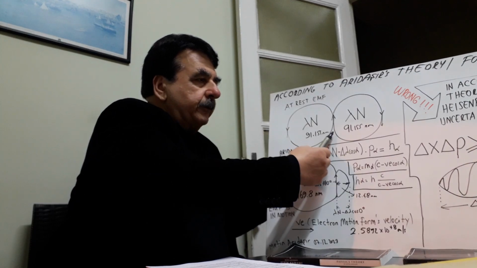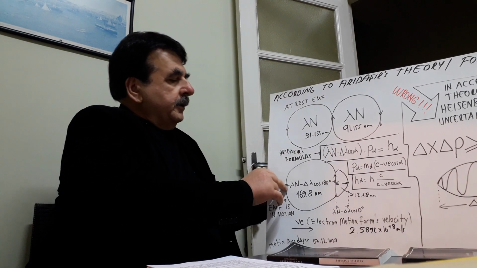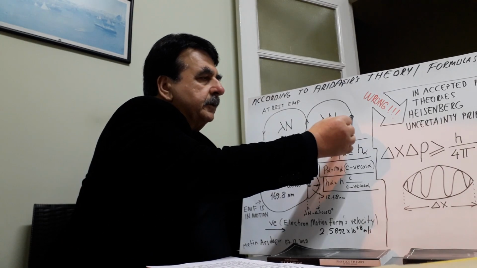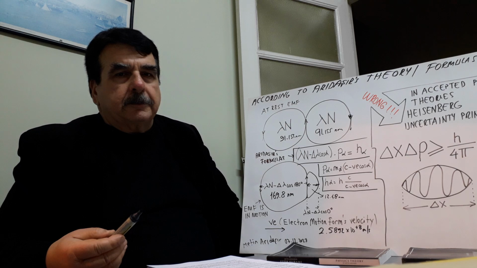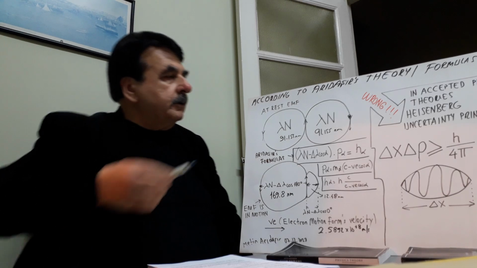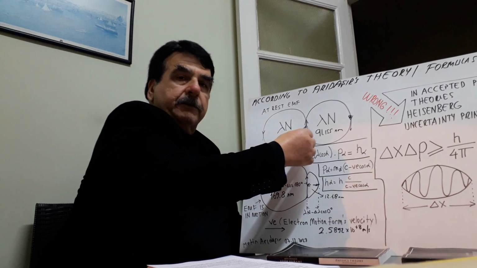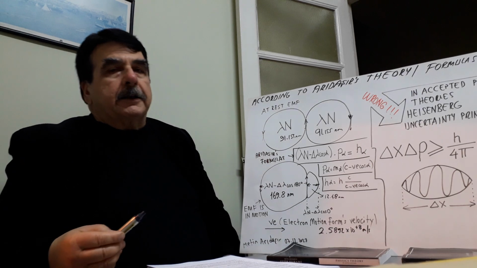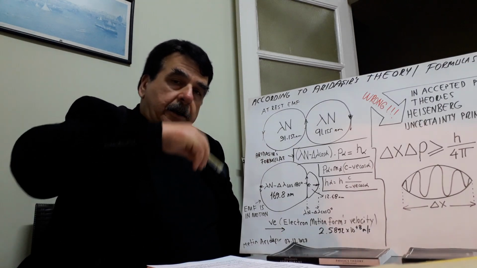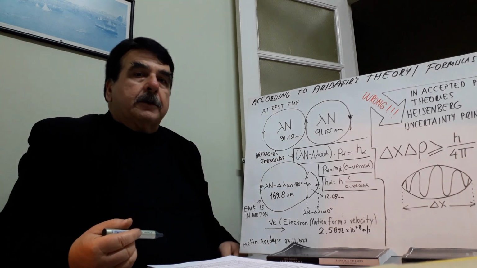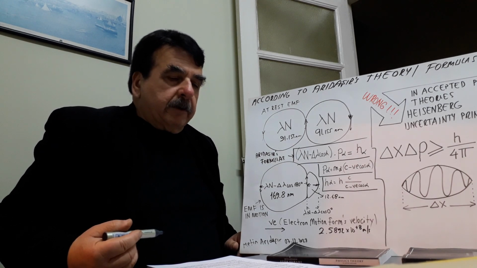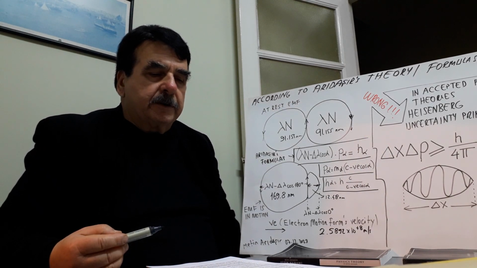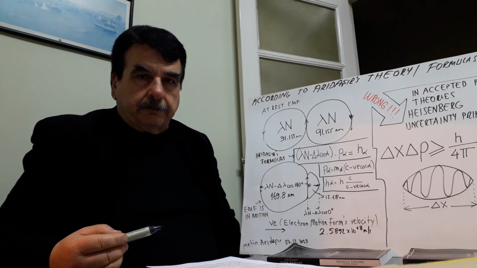This is the electron motion form at rest. Every point, say here, is a photon, an inseparable point, and it has a wavelength. On the electron motion form, the wavelength of the photon is its position on the electron motion form.